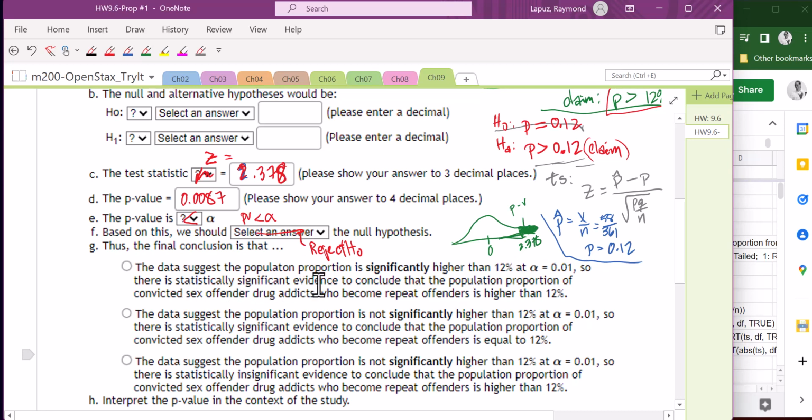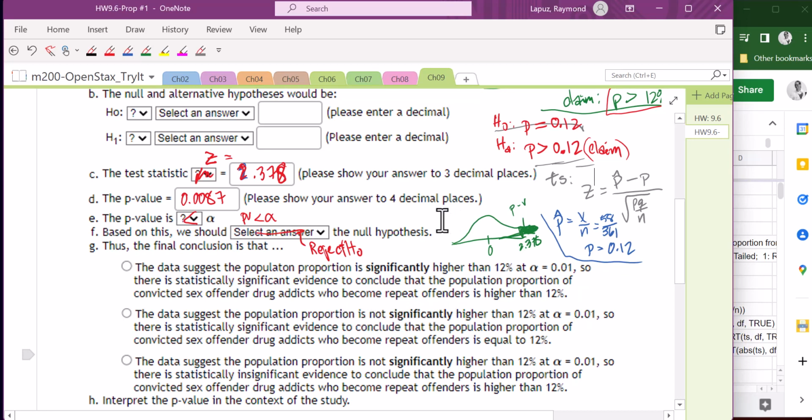So there's statistically significant evidence to conclude that the population proportion of convicted sex offenders, drug addicts who become repeat offenders is higher than 12%. So I think that is it. And if we just take a scan at the other options, the data suggests the population proportion is not significantly higher.